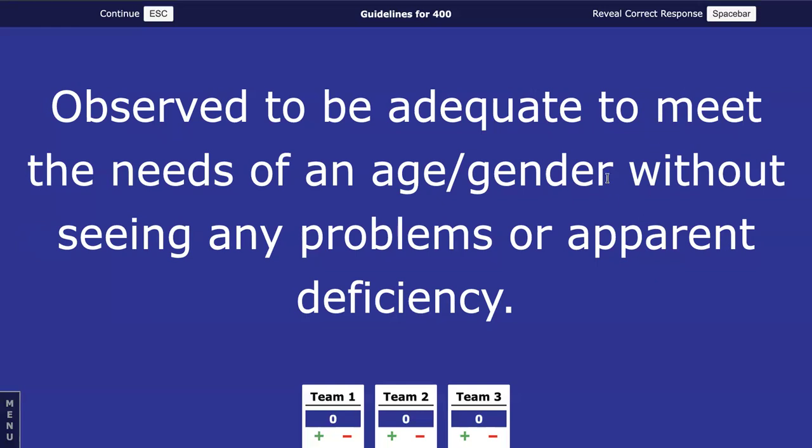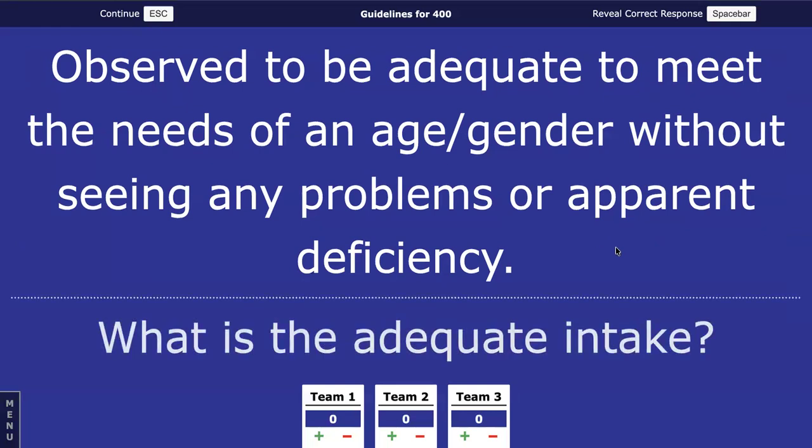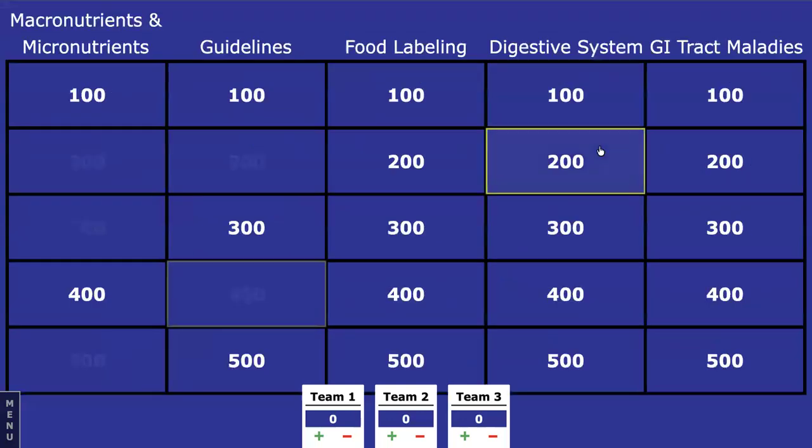Yep, adequate intake. This is good to know. But if you're an athlete or a tall person or someone very active throughout the day, this is your baseline, but maybe your baseline might be higher because you require more energy to be burned to fuel your activity.